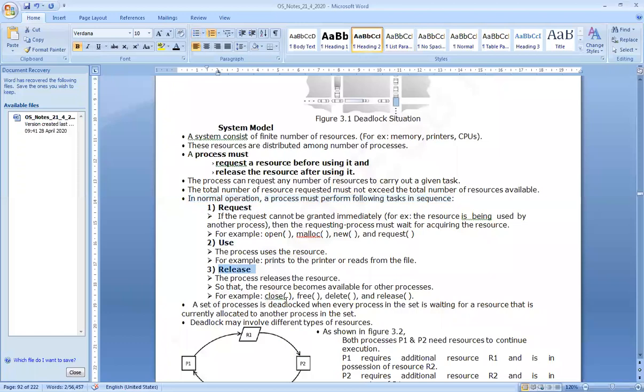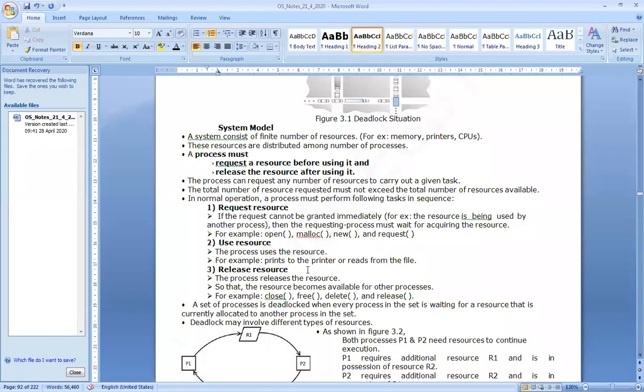Request of the resource, use of the resource, and release of the resource. So as you can see, request of the resource, then use of the resource, and after that the release of the resource. These are the three operations the process should follow.